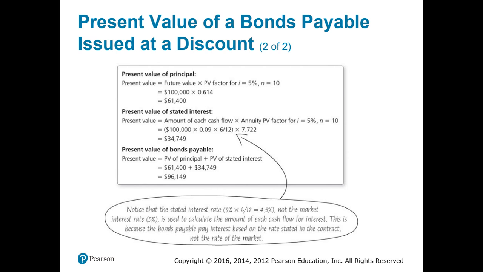We found our factor and plugged that in, and we've got 100,000 times 0.614, which gives us 61,400.